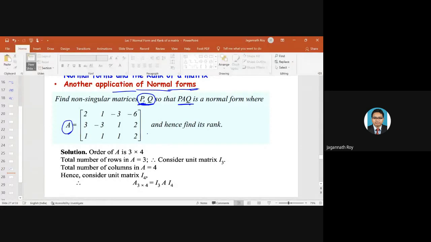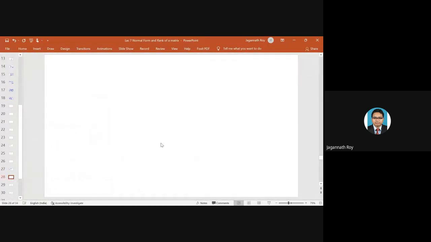Let me tell you the idea. Given a matrix, recall that we have done the Gauss elimination process, Gauss-Jordan elimination.